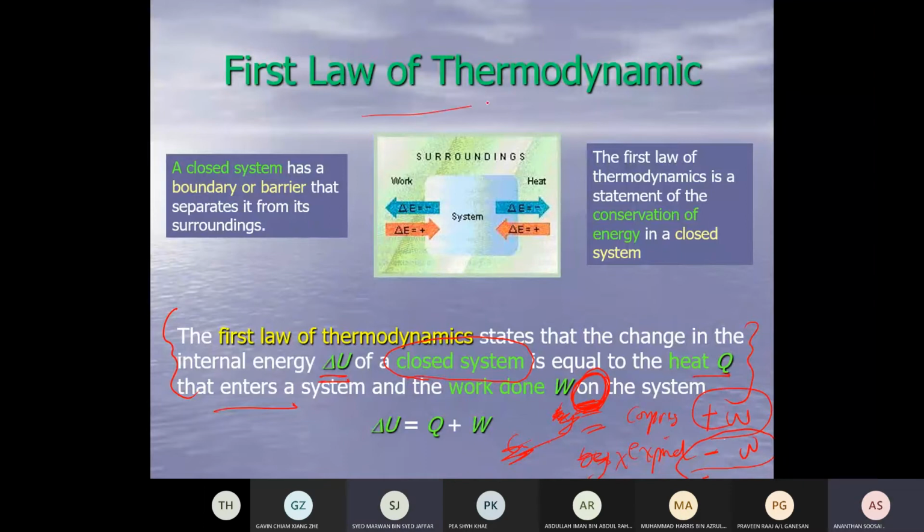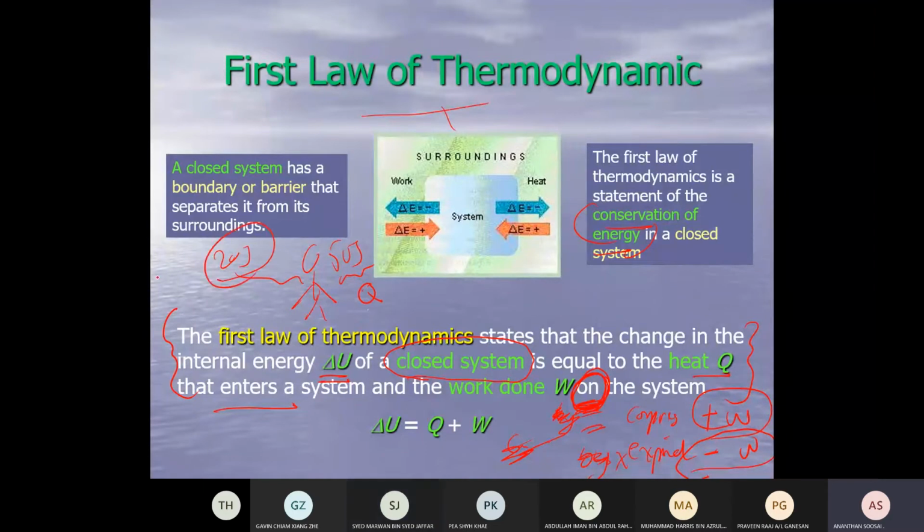This law is based on conservation of energy. Energy is conserved. Like I told you biologically, you eat food of 50 joule of energy, and you do work of 20 joule. You supply the body with 50 joule, which is your Q, the energy you supply to the system.